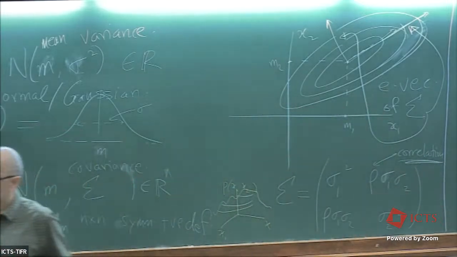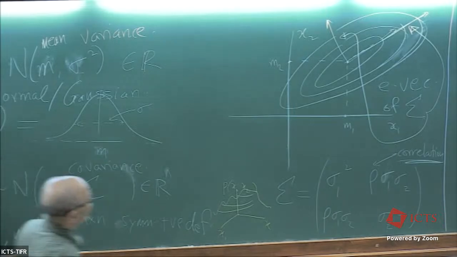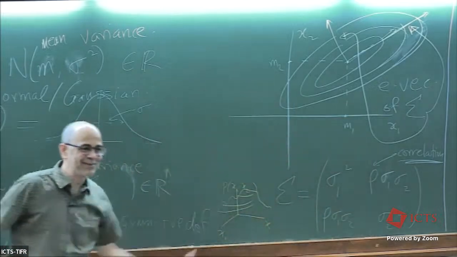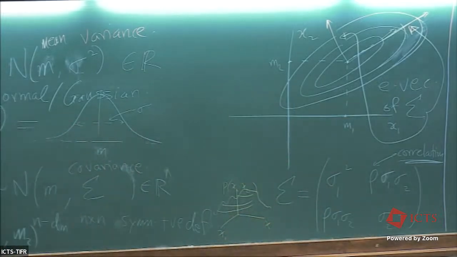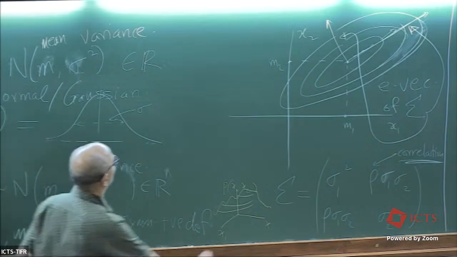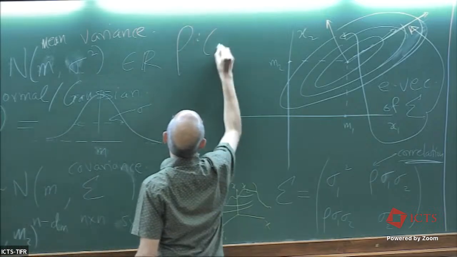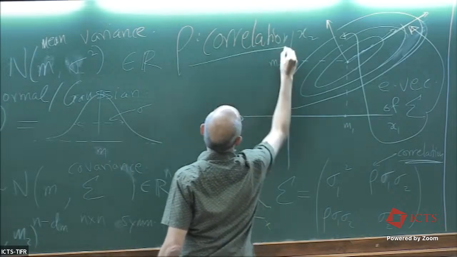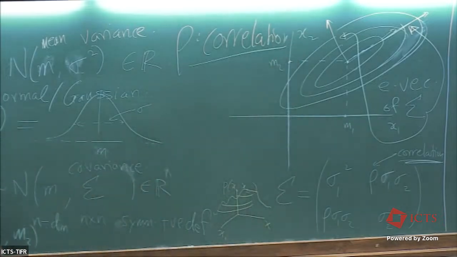Oh, sorry. I guess I was taking this as the stopping line, but actually the stopping line should maybe be here. But okay, fine. Sorry. So this rho is called the correlation, and that's a standard way. This form, the way I wrote the matrix, follows from the definition of what is called correlation.